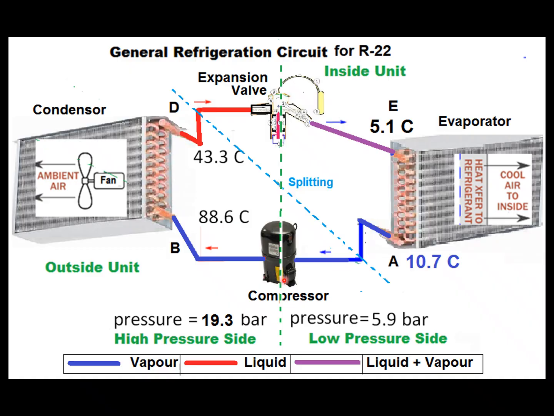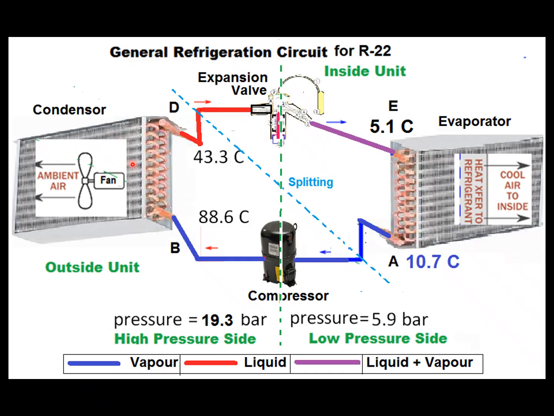Compressor is a sort of cylindrical container. The third major component is the condenser, and the condenser is once again a system of many coils.